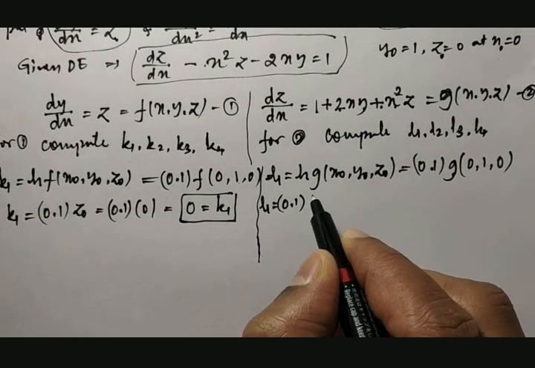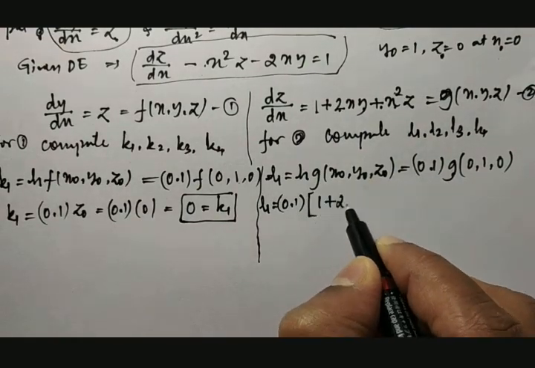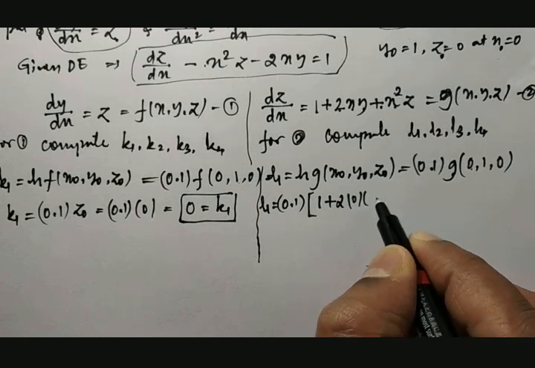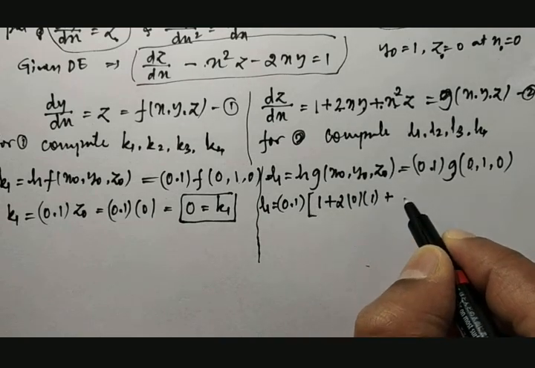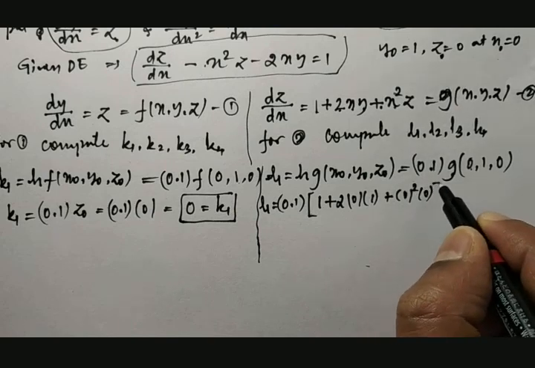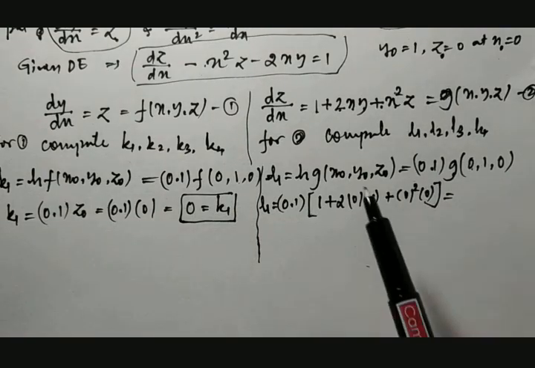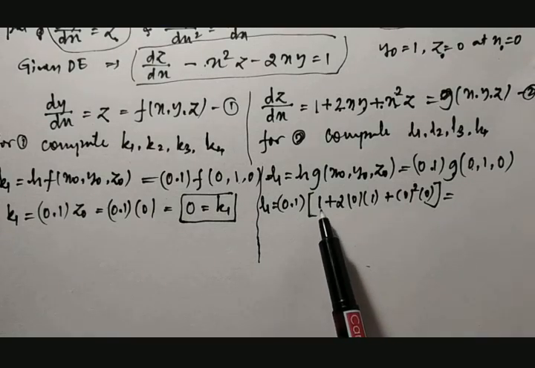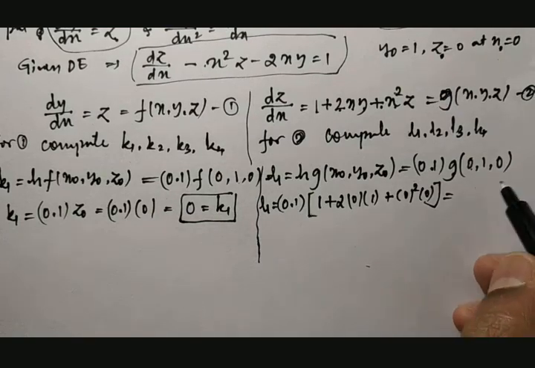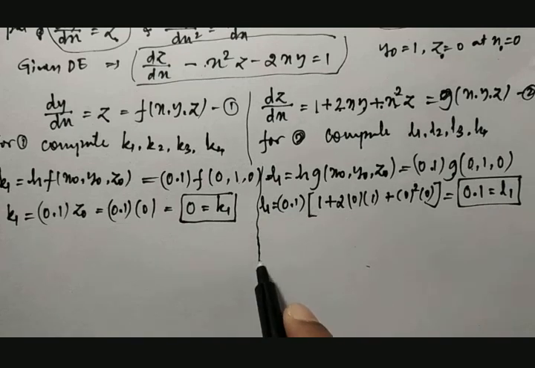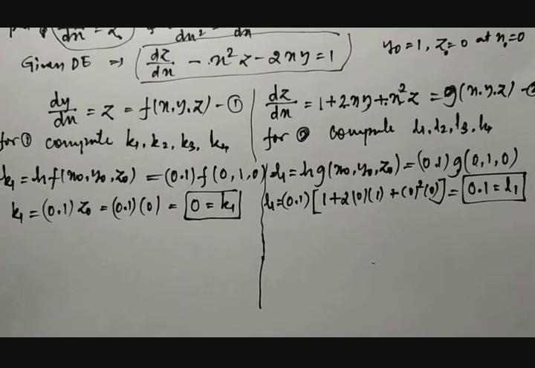So I'll be substituting the values now: 1 plus 2 into x value 0 into y value 1 plus x square, that is 0 square, into z value 0. If you calculate this, 0 into anything is gone. So it will be 1. 1 into 0.1, that is 0.1. This is L1.